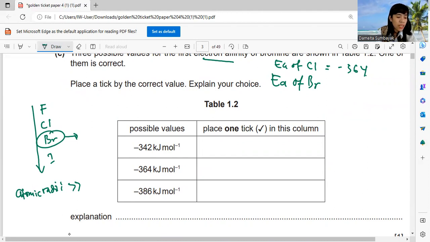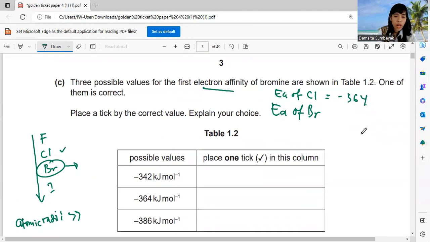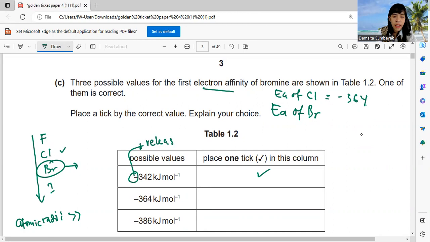So the electron affinity of Br has less energy than Cl. So you can find out which one has less energy than negative 364. So the answer is negative 342. This sign means that energy is released, or exothermic.